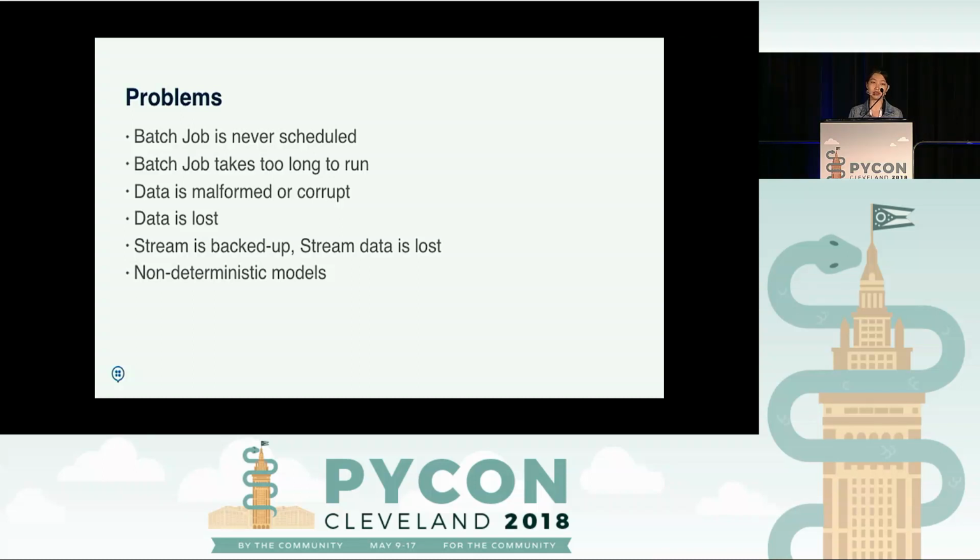Like for instance, if the data is malformed or corrupt, or if you accidentally dropped some data sets or lost some data sets, particularly in the stream case, if you fail to read some of the data in the queue, or if you read the data in the queue too many times and now you have duplicate data in your system. And one of the biggest challenging systems is working with non-deterministic models. So if you work with a machine learning system, it is incredibly hard to monitor and detect if it's behaving the way that you expect it to.